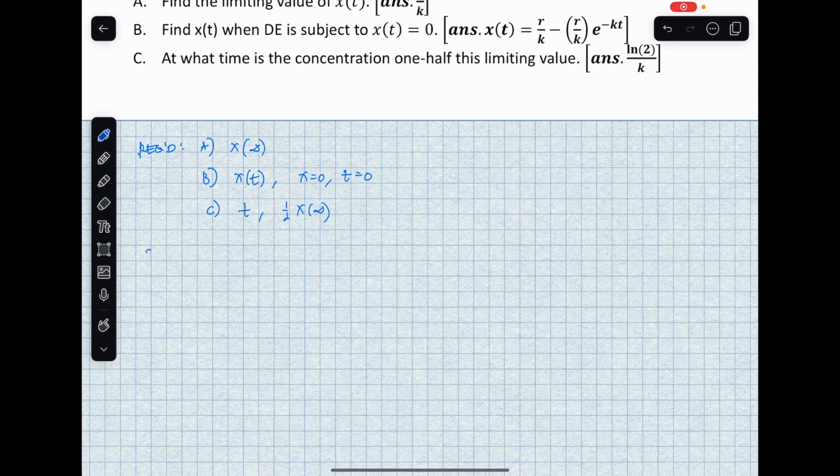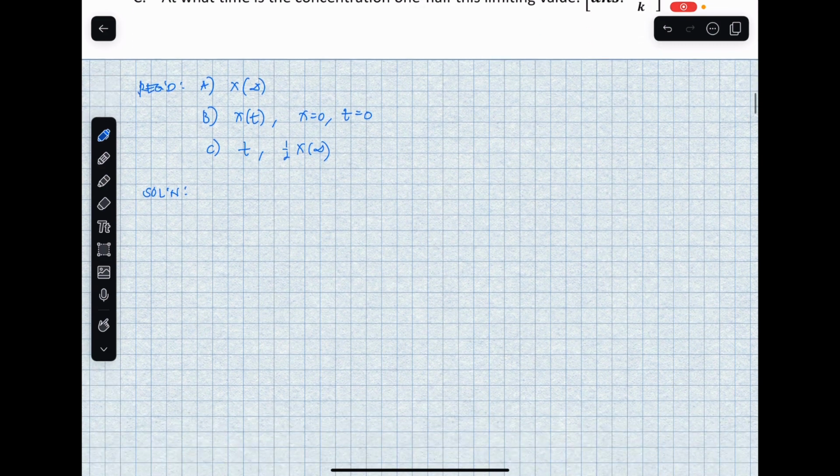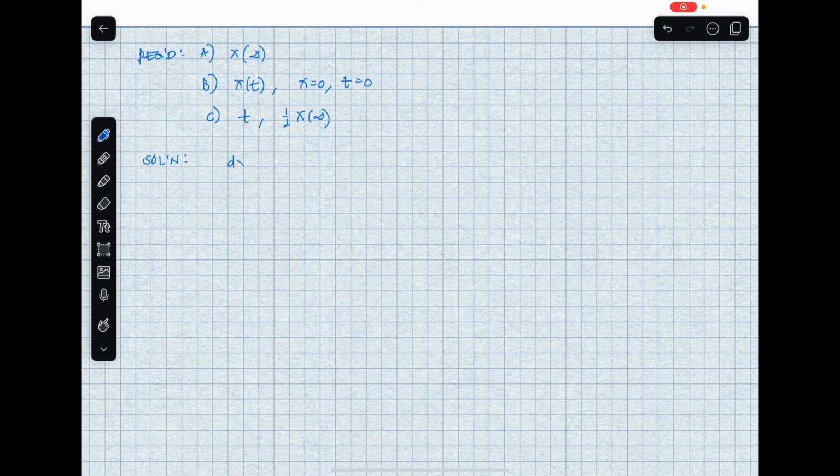So for our solution, we start with our working equation, dx over dt is equals to r minus kx. As you can see, this is a linear equation, r and k are both constants.